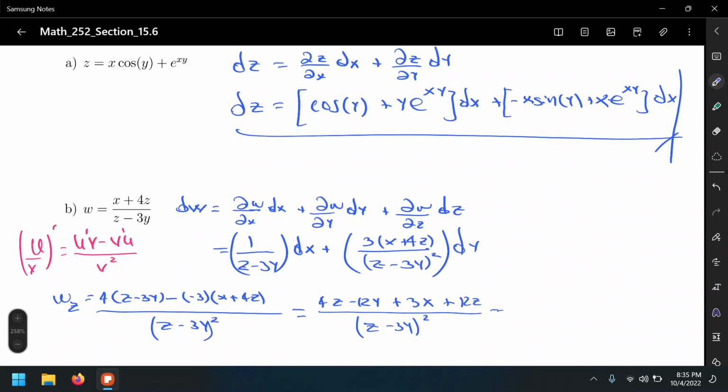So that's 3x minus 12y plus 16z over z minus 3y squared. So that's going to be our derivative with respect to z.